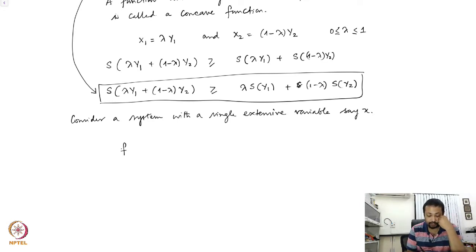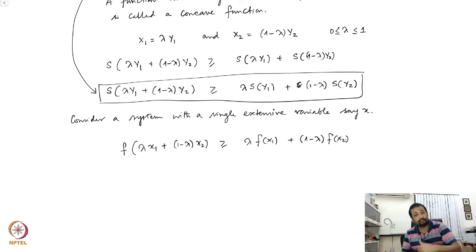Then it follows that for such a function, more generally, I would have f of lambda x1 plus 1 minus lambda x2 is greater than or equal to lambda f of x1 plus 1 minus lambda f of x2. So the idea is that I want to have a geometric interpretation of this inequality.